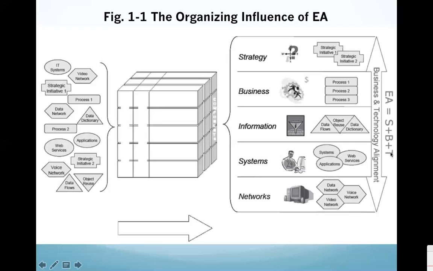And that is a great way. And so on the left, it's discombobulated. There's no organization. Enterprise architecture puts an organization, a framework around these components, and we can organize them over here. What a beautiful picture.